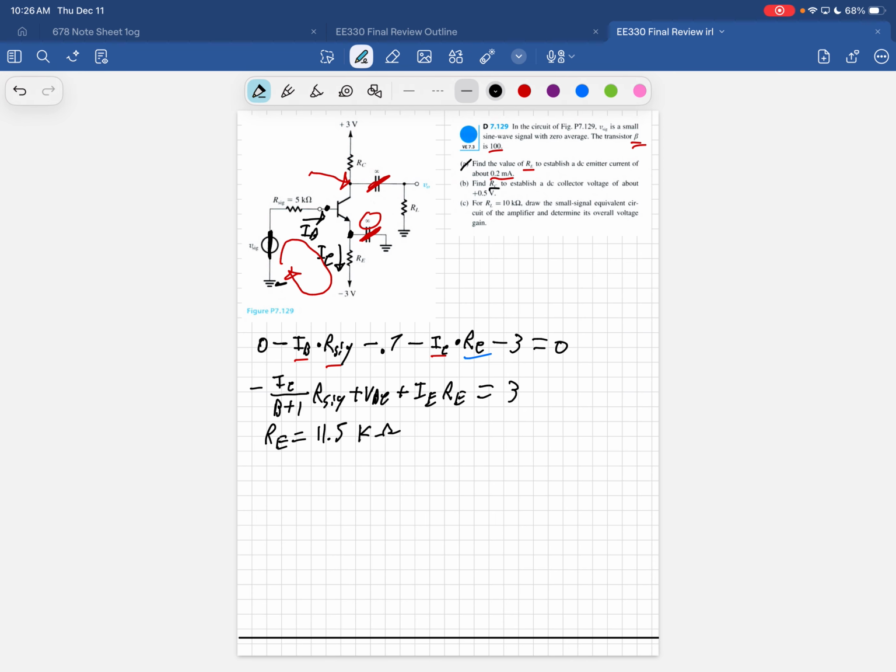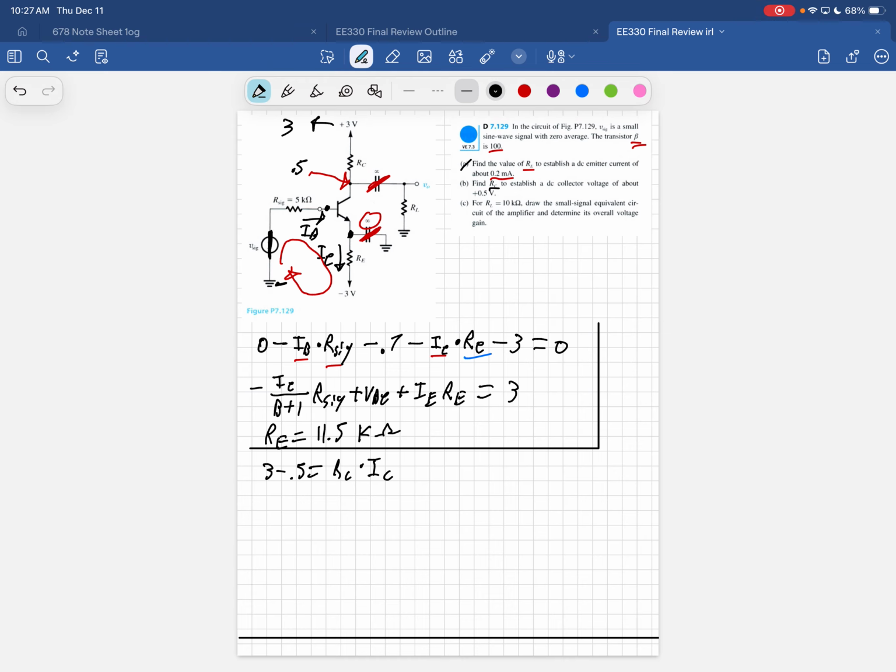So if you know your emitter current, which we do, and you have the equation to calculate the collector current, which in theory we do if it's on your note sheet, then we know what voltage is going to be at the collector, which is going to be 0.5, and we know the voltage on the other side of that resistor, which is 3. So it's 3 minus 0.5 equals IC times RC.